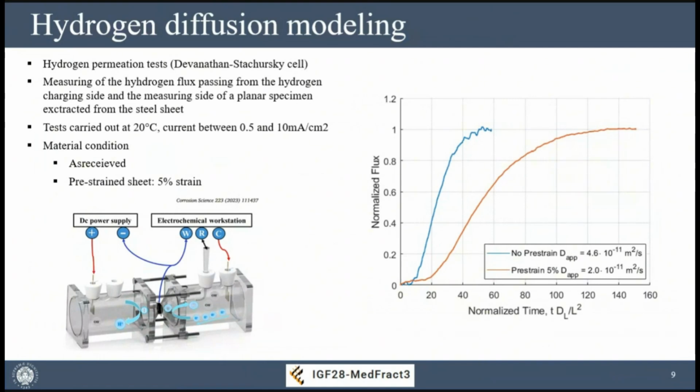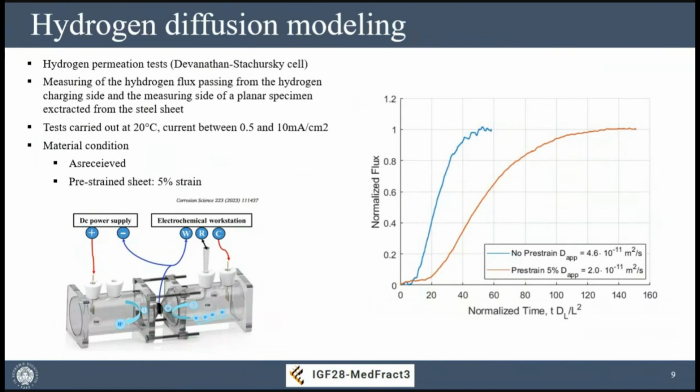And what we can see is that if we look at the hydrogen flux that passes through the sample as a function of the normalized time, so time normalized by the thickness of the sample, we see a difference due to the strain. Due to the strain, because having strain means introducing additional dislocations. Dislocations work as hydrogen traps and affect significantly how the hydrogen diffuses in the material.